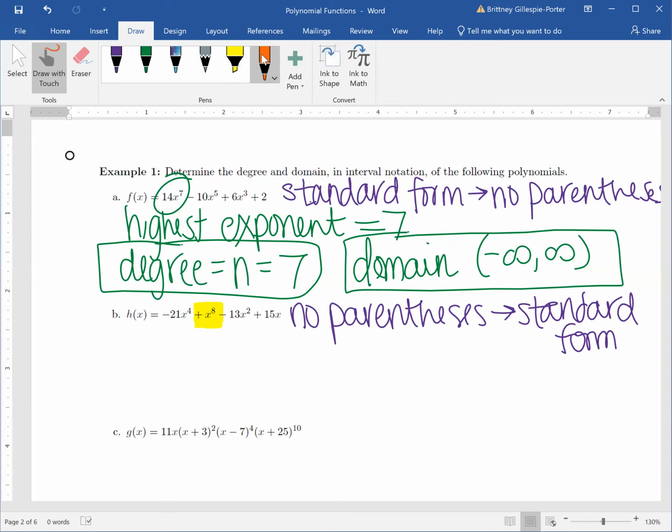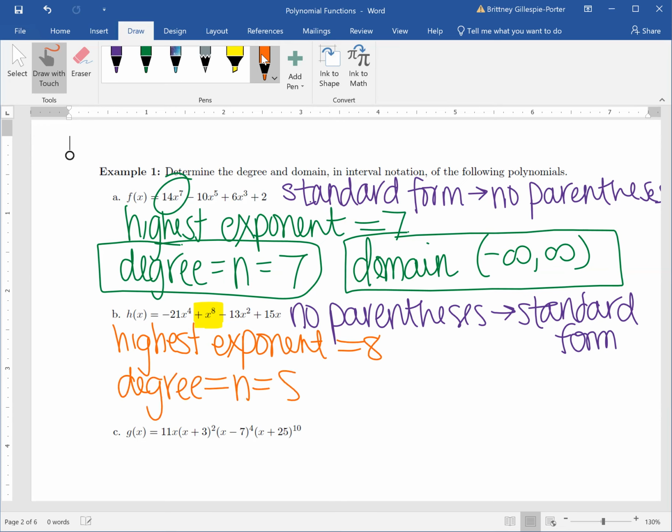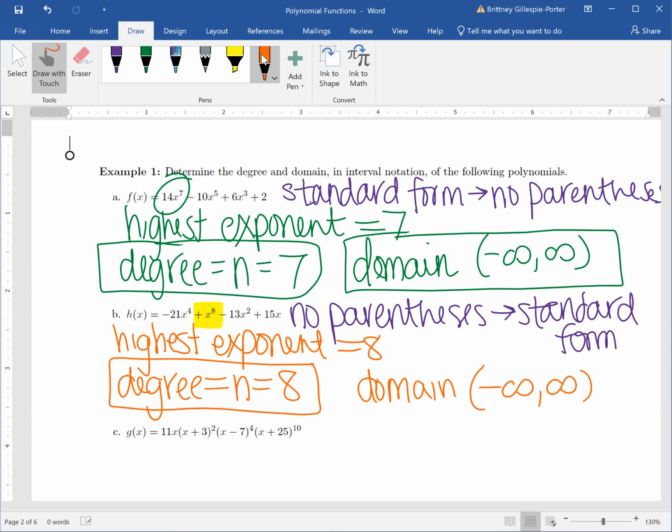It's not automatically the first one because it needed to be in descending order, or if you don't want to take the time to do that yet, we need the highest. So our highest exponent is 8, which means that our degree, n, is 8. Don't forget, they also want our domain in interval notation, and our domain of a polynomial is always negative infinity to positive infinity.